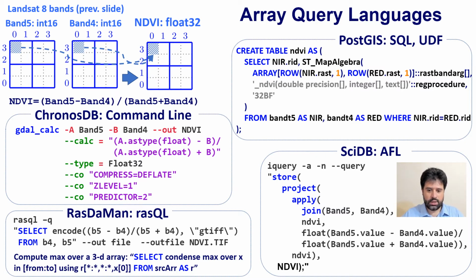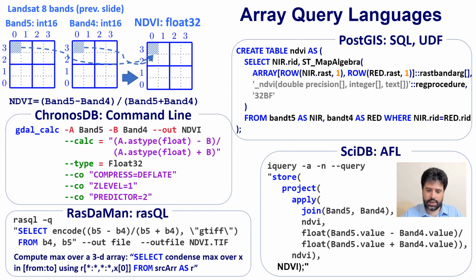Rasdaman's query language, RASQL, strives to be similar to standard SQL, but some queries may look unusual for an SQL user. For example, the query at the bottom. SciDB Array Functional Language, AFL, has a set of operators in the functional style. Nesting is used to feed the output of one operator to another operator, forming sometimes long operator chains.